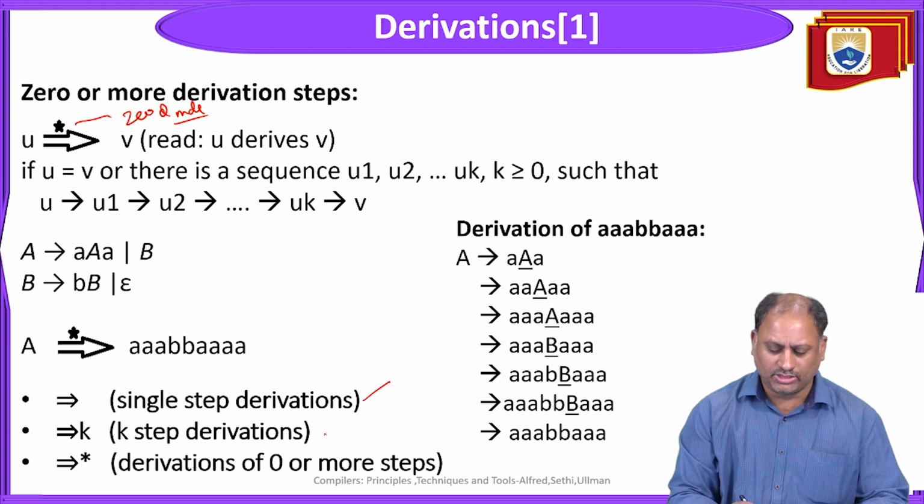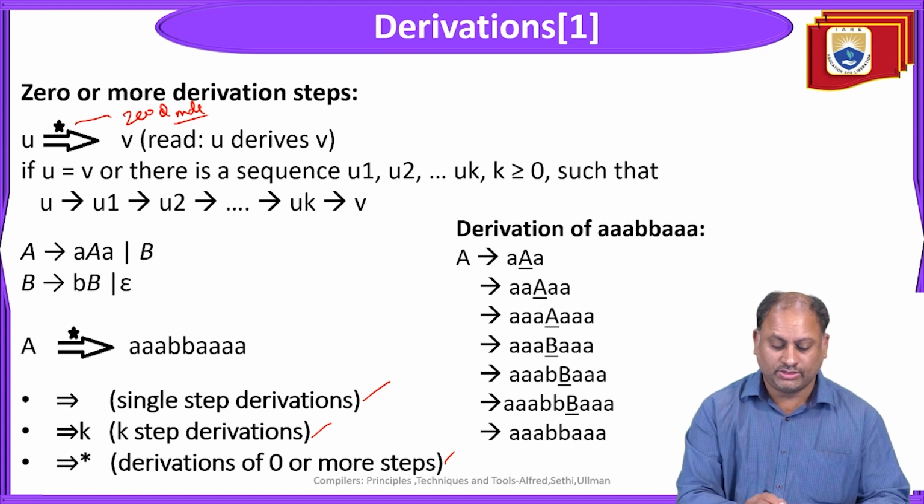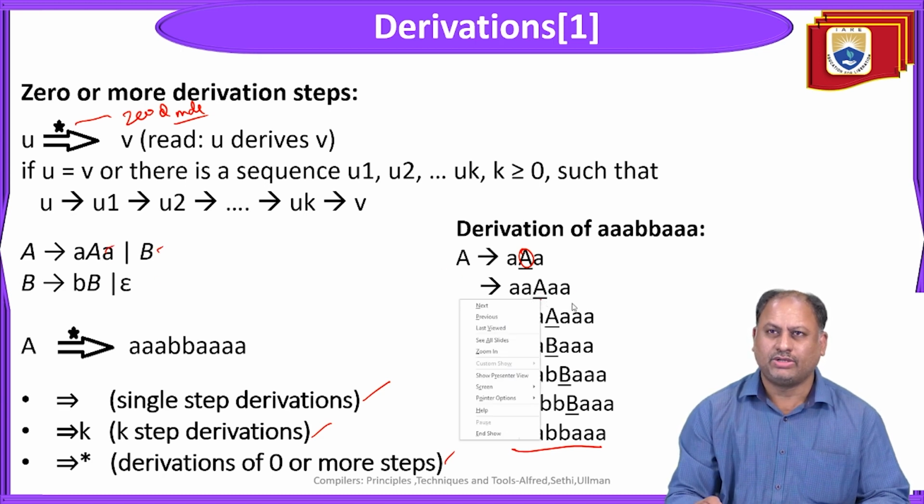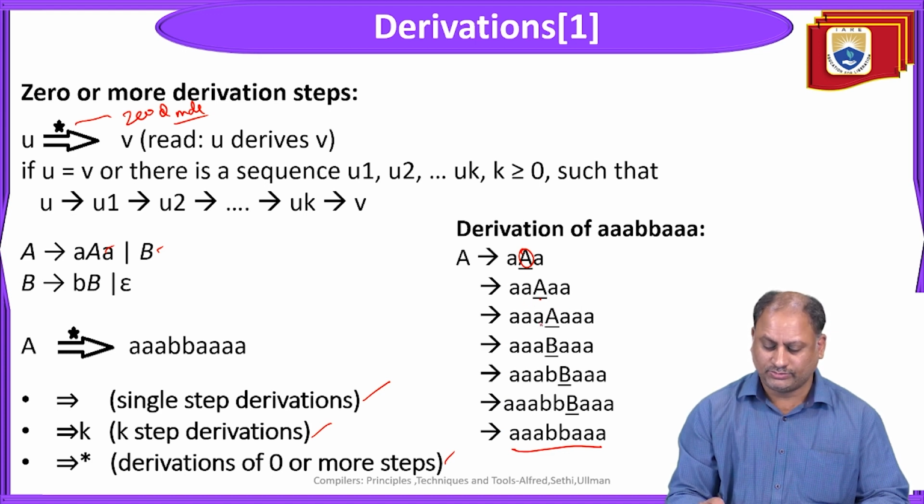If we apply several times, k steps or 0 or more steps, we can apply star. So for this process of derivation, say we have taken an example, and we are going to derive a string finally. Capital A may be replaced with either this one or this one. So we get, once again substituted with capital A, small a, capital A, and then once again small a, capital A.